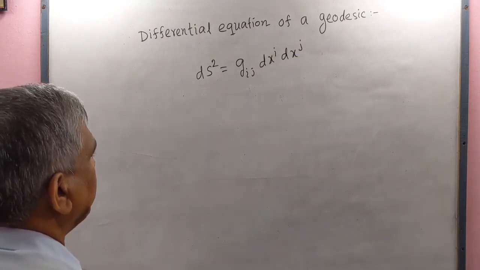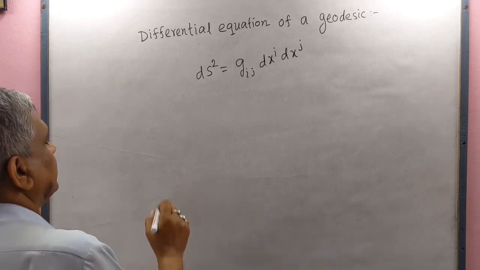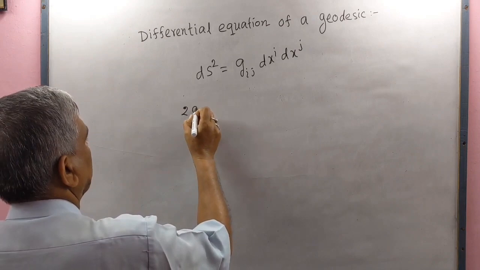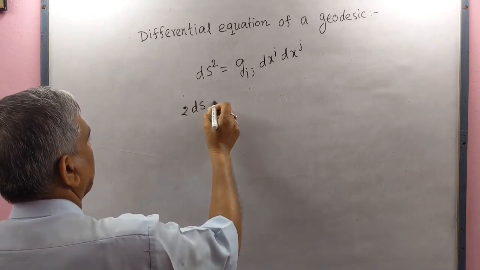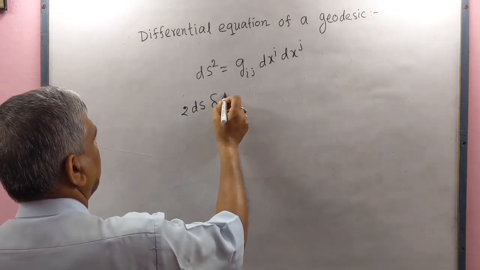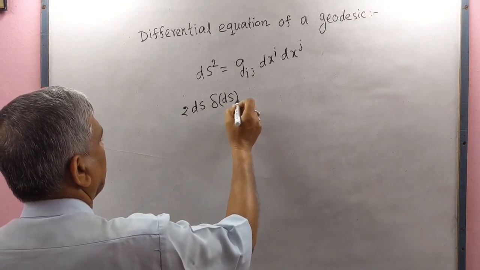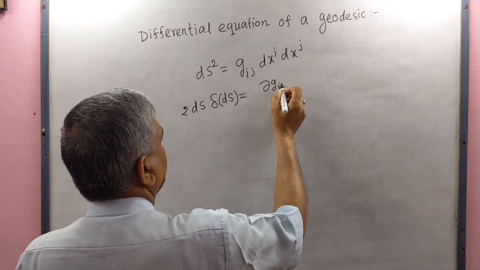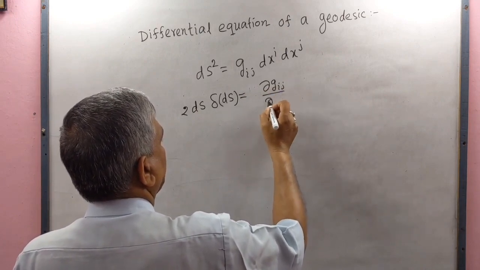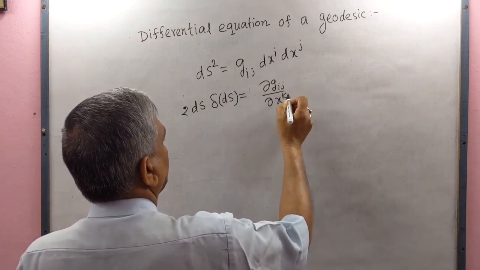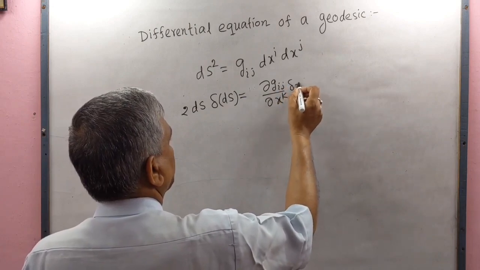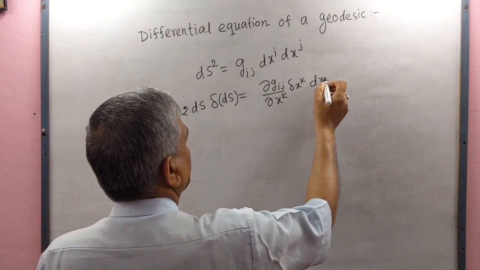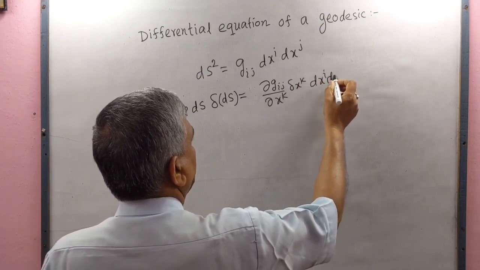If we take differentiation in both sides, we get 2 ds delta ds equal to del gij by del xk delta xk dxi dxj.